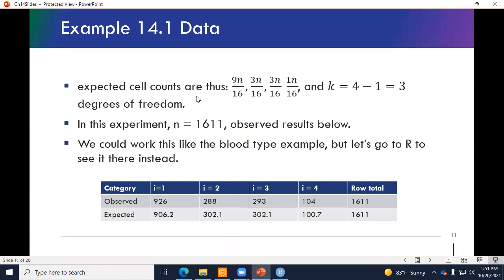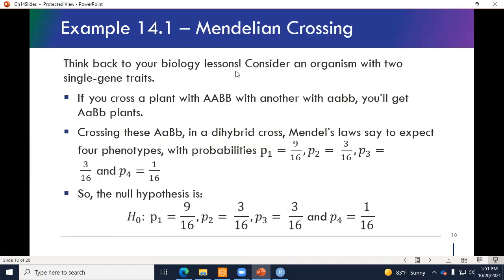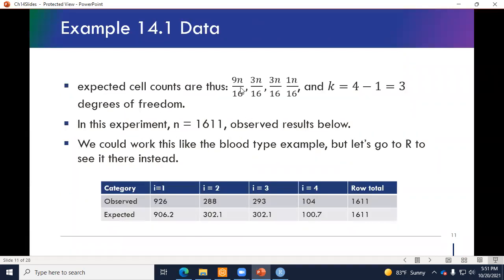For the expected cell count, we have to fill up those cells with n times pi star, like p1 star, p2 star, and calculate the expected counts for each cell. This is how you do the calculation, how you get those numbers here.